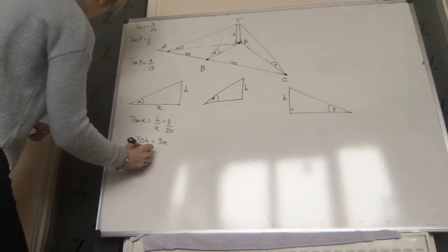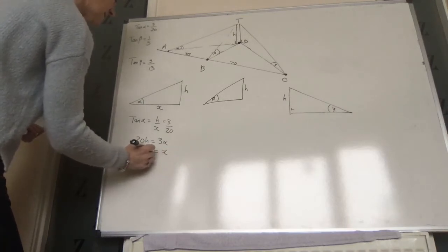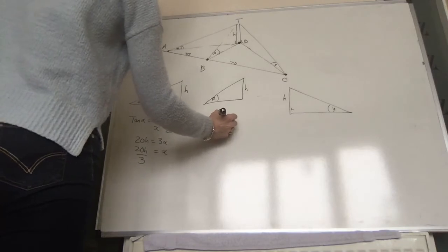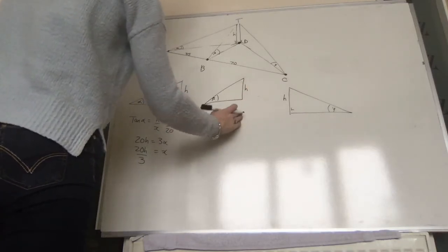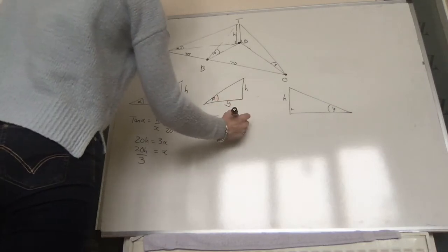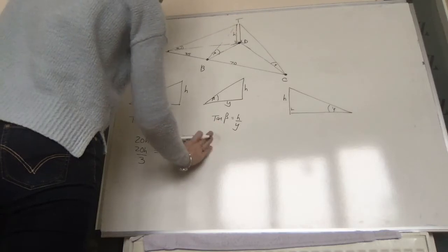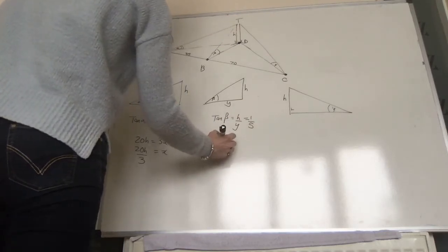We have to express them in terms of h, so x is 20h/3. The tan of beta is 1/5, but the tan of beta is h/y, which is equal to 1/5. So 5h is equal to y.